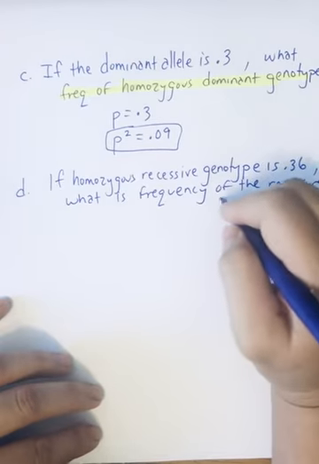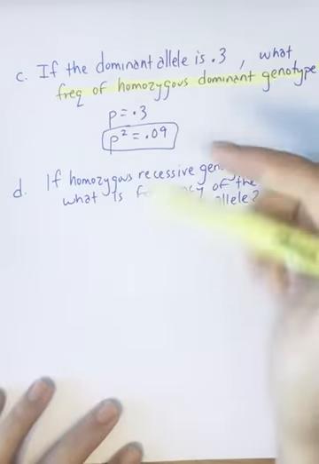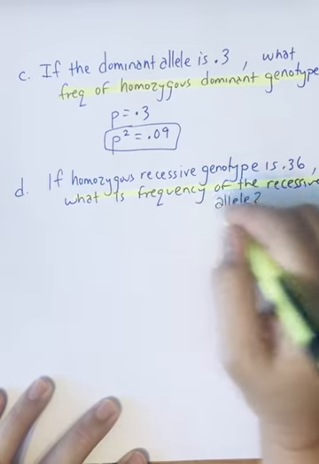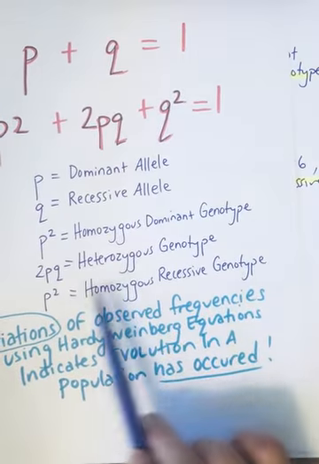This one's easy too, if you know what they're asking. So the question is saying, what is the recessive allele? But you've got to go through what's given. Homozygous recessive genotype.